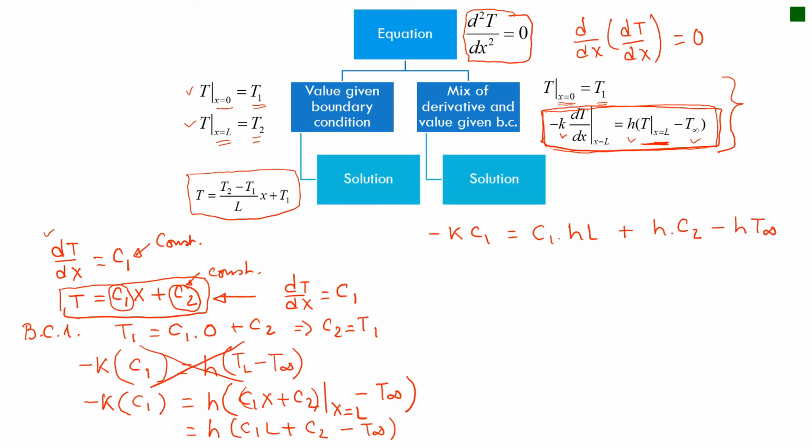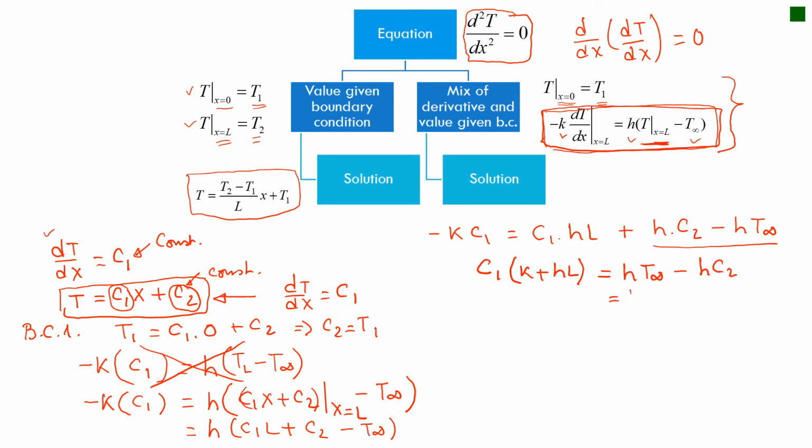And so bringing all the C1s on one side, C1 times k plus hL is equal to h times T infinity, bringing these two on the other side, h times T infinity minus h times C2.